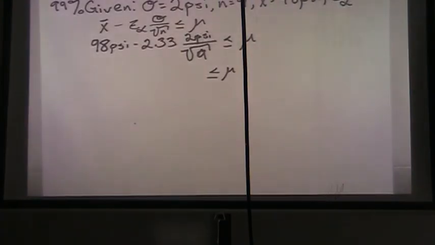All right, so I slip over here, equals 98 minus 2.33 times 2 divided by square root of 9, and that becomes 96.45 psi.